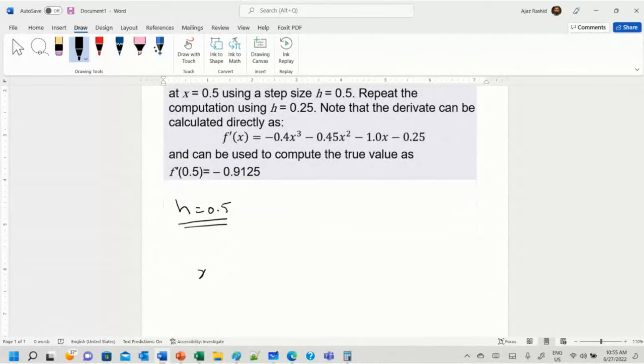So my xi is 0.5. Xi plus 1 is xi plus h, which is 0.5 plus 0.5, which is 1. Xi minus 1 is xi minus h, which is 0.5 minus 0.5, which is 0.